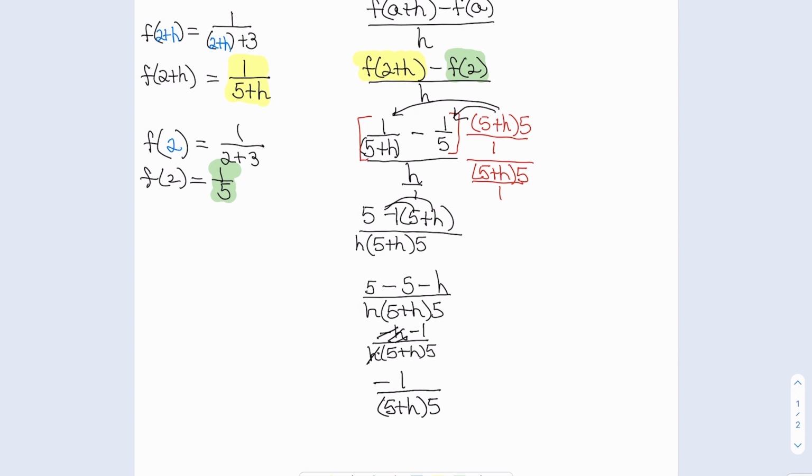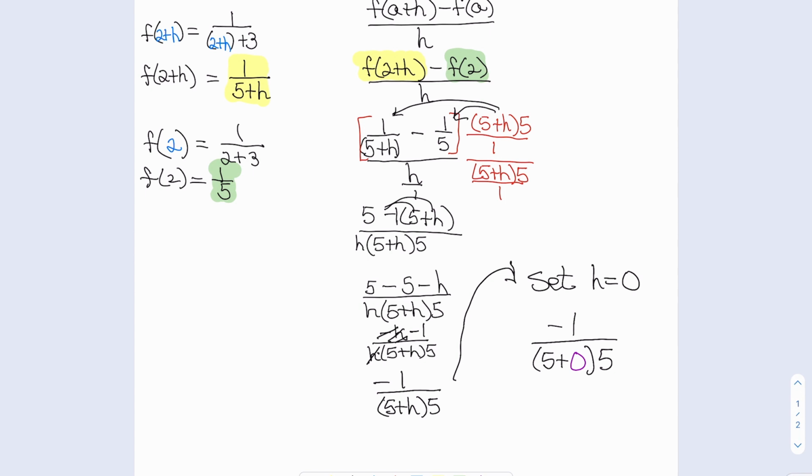But now to find the instantaneous rate of change, we want to set h equal to 0. So in that expression, take out the h and put in 0 instead. I have my -1 over 5 plus, take out the h, put in 0, and then times 5. 5 plus 0 is 5, and 5 times 5 in the denominator is 25.